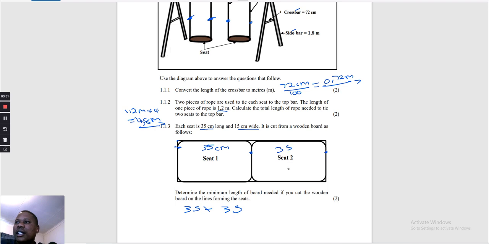So it's going to be 35 plus 35, which is 70 centimeters long. Did they say in which units? No, so we use the centimeters. Or we can say 35 multiplied by 2 seats, because the length of 1 seat is 35. Okay, then let's continue.